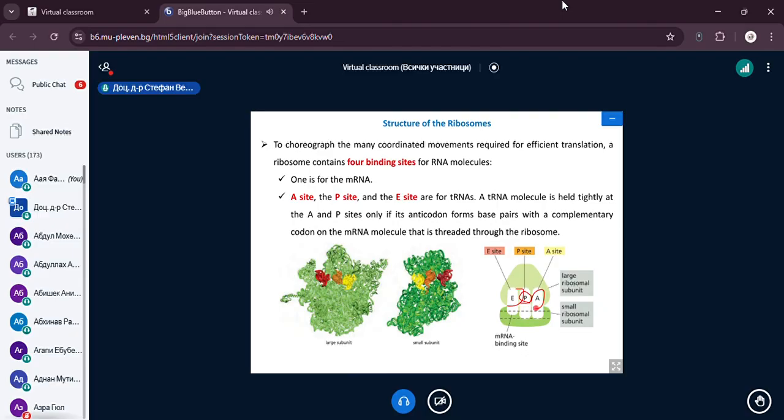Transport RNAs are molecules which deliver amino acids during the process of protein translation. And you can see that when the 2 subunits join together to form the ribosome, their corresponding sites complete each other to form the functionally active A, P, and E site of the ribosome.